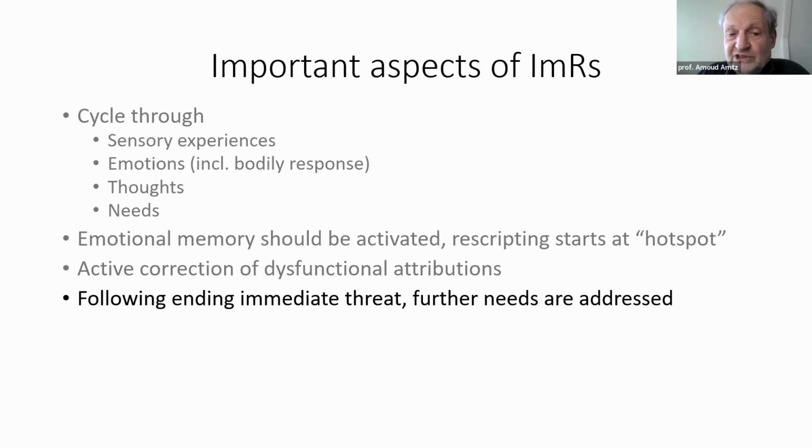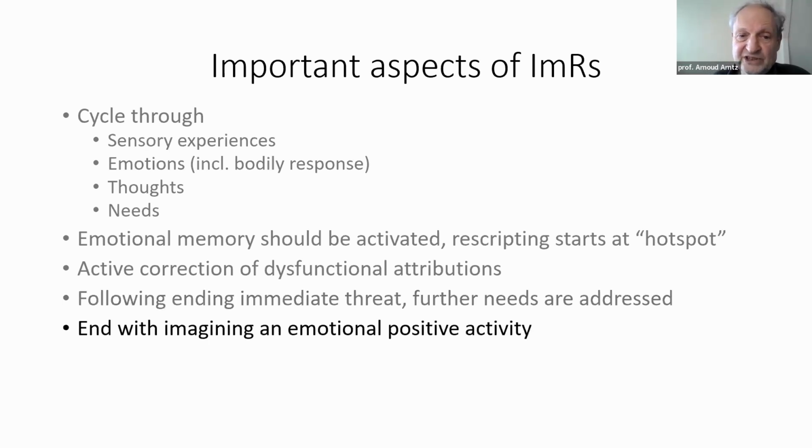So there are elements in this more complex context that are a barrier for finding safety to process the trauma. And these further needs that are related to that, for instance, the need for feeling safe for the future, or feeling safe to express emotional needs, should be addressed in further actions in the rescripting.